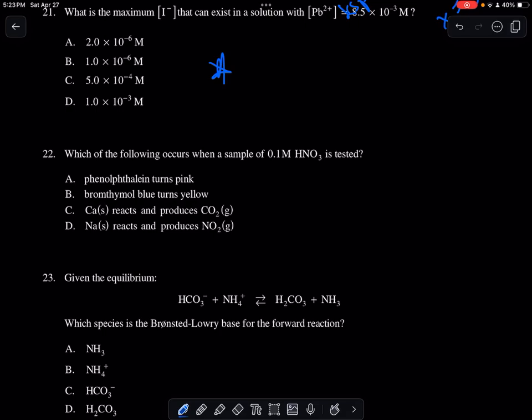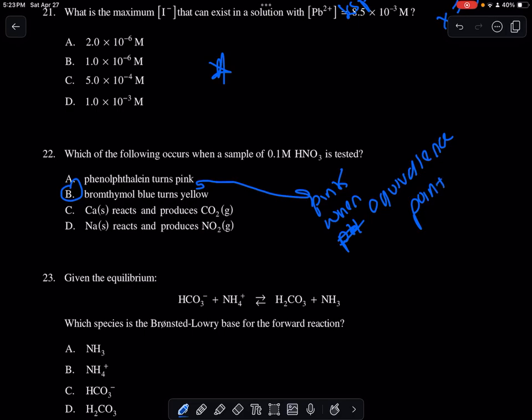It's going to turn our indicator bromothymol blue to yellow. Phenolphthalein turns pink, pale pink, at the equivalence point of a titration. So bear that in mind.